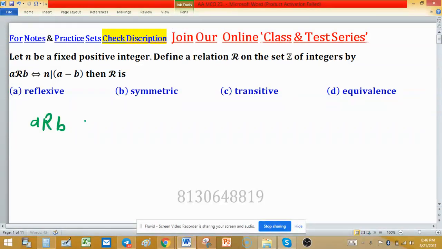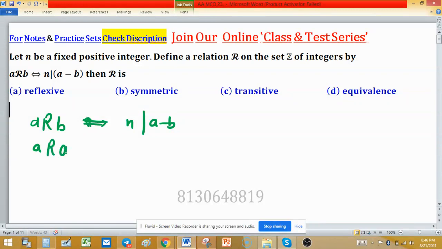So a is related to b if and only if n divides a minus b, and n is a fixed positive integer. To check reflexive, we have to check that all elements of this set of integers are related to themselves.